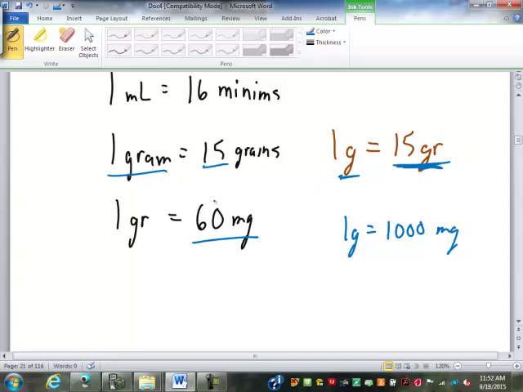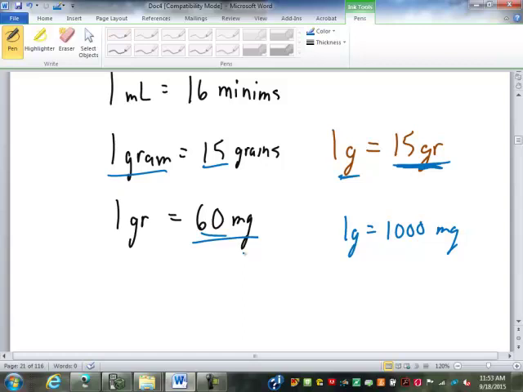If I multiply these numbers together, what do I get? 15 times 60 is only 900. Something's off there. Well, the size of a grain hasn't been adjusted because it came from the standard system. It didn't fit perfectly into the metric system.